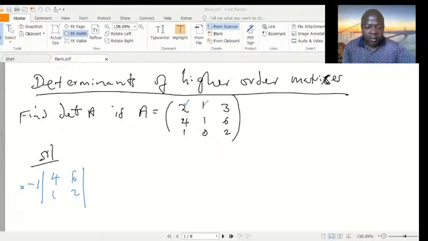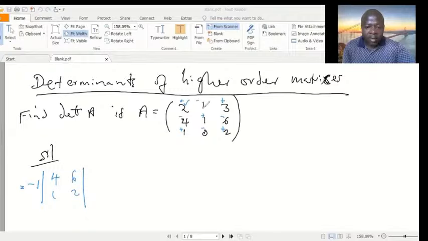If this is negative, then this is positive. So negative, positive, negative, positive. That's how the signs alternate. So the sign here is negative.